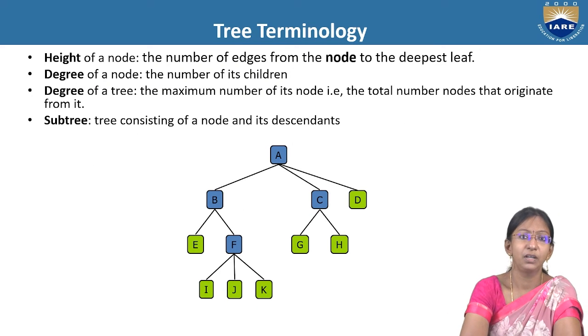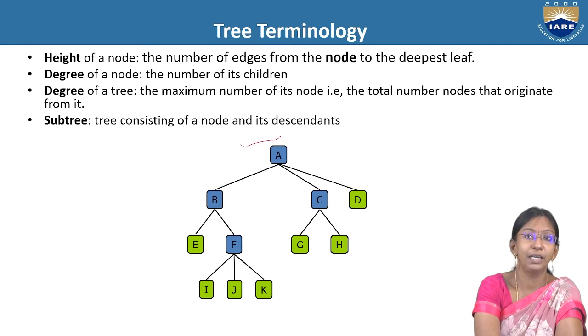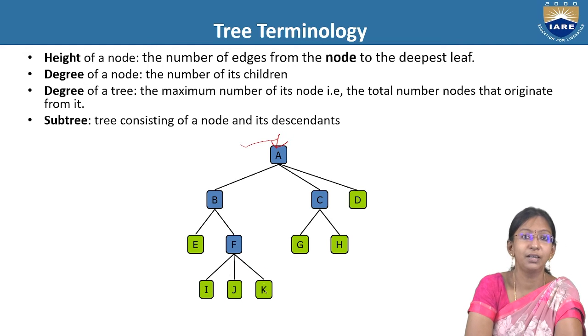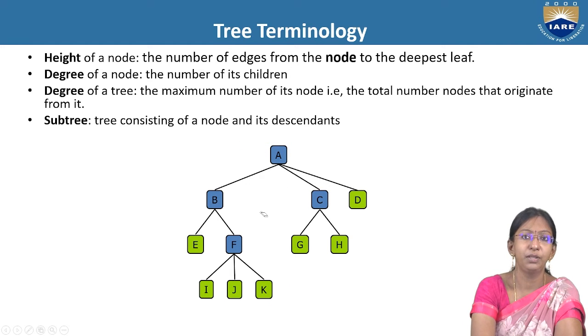Yes, height. What is the height of a node? It is from that node to its deepest leaf. Depth you calculate from the root, whereas for height you take the leaves into consideration. What is the height of, say, B? The height of B will be to its deepest leaf.